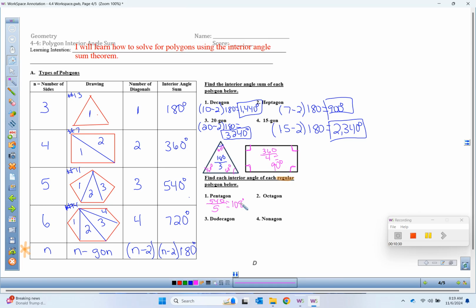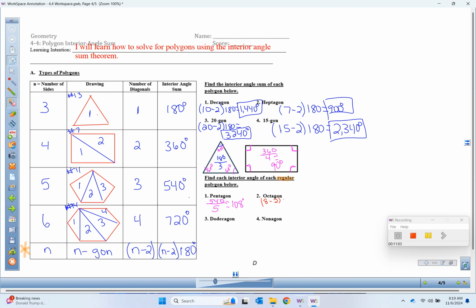Okay? So a regular octagon, we do not have an octagon on our chart. So first we need to find this number here, this interior sum. And we do that with this formula here. So an octagon, meaning we have 8 sides, minus 2 gives us 6. And then we times that times 180.